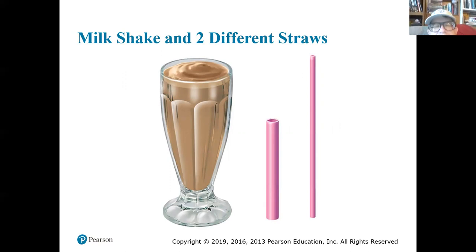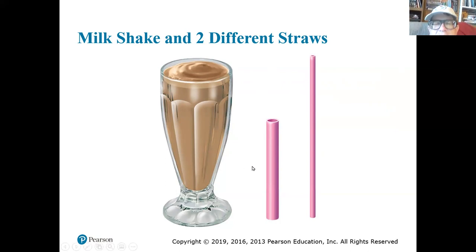Here we have a chocolate milkshake. Yay, go team. Actually, I love chocolate milkshake, but I'm an even bigger fan of mint chocolate milkshake. But moving on. You can see two different straws here. We have the small diameter, high resistance, hard to suck your milkshake through the straw.